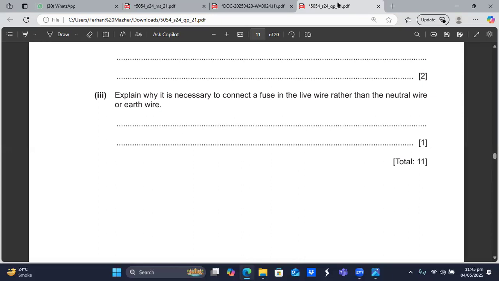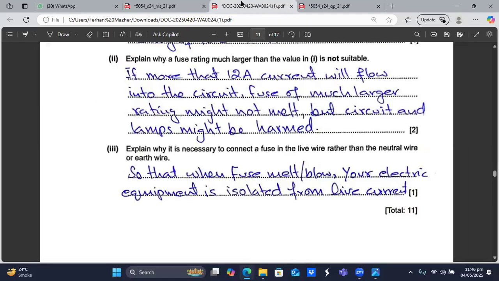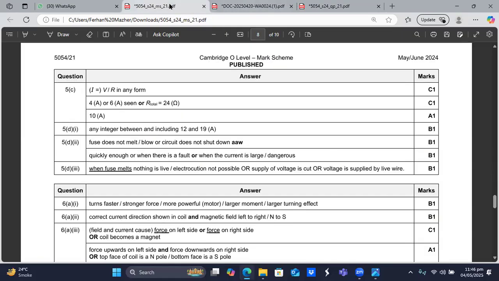If you put the fuse in the neutral, the appliances and the lamp will not be isolated from the high voltage live current. So when the fuse blows, your electric equipment is isolated from the live current. So this is our answer.